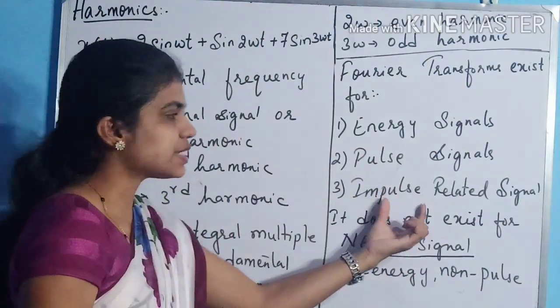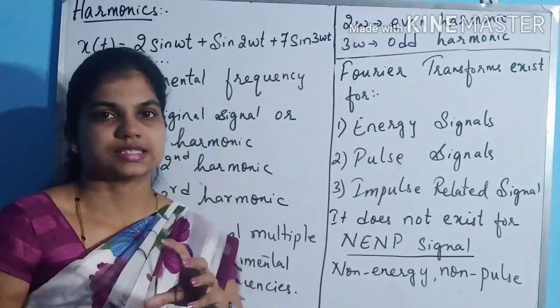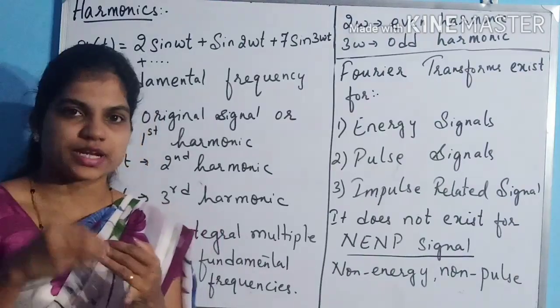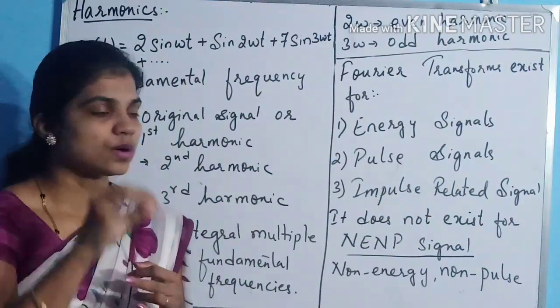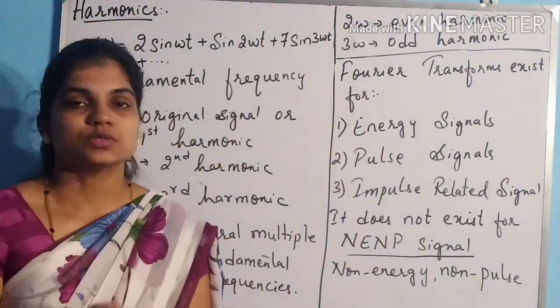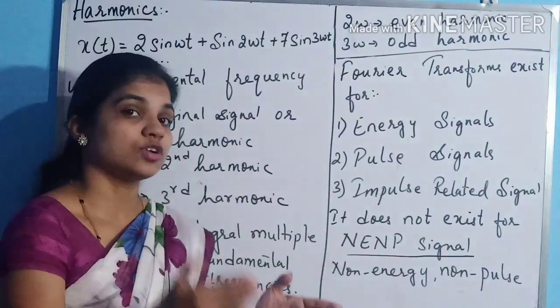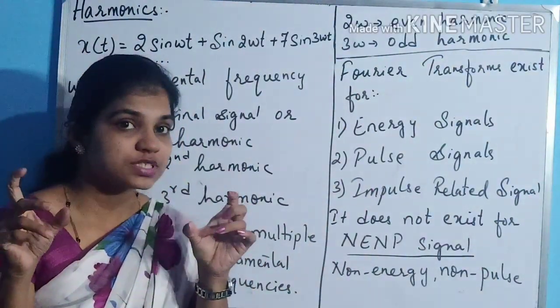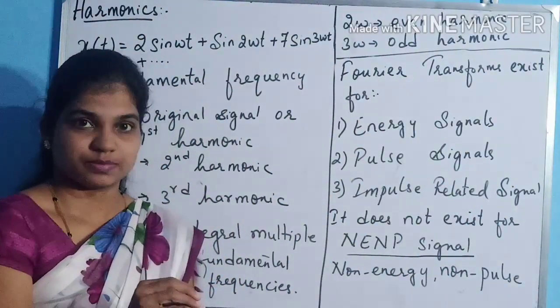This is an exception we are going to use where the Fourier transform exists. So the Fourier transform exists for energy signals, pulse signals and impulse related signals because they are absolutely integrable, and it does not exist for non-energy and non-pulse signals except for some exceptions which are absolutely integrable.